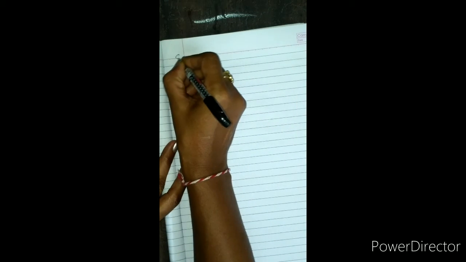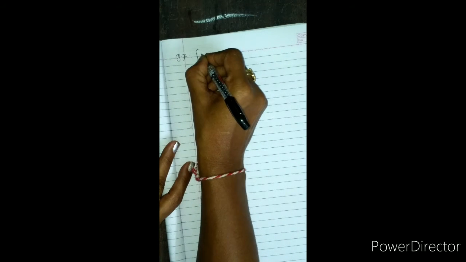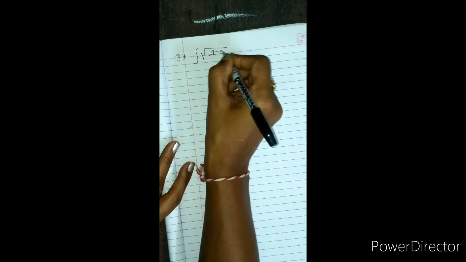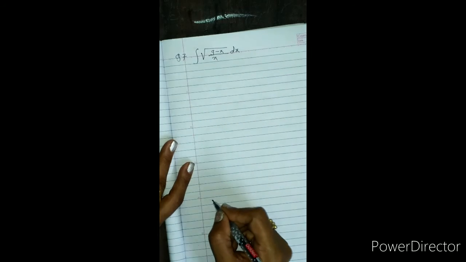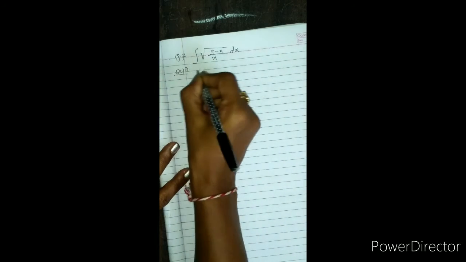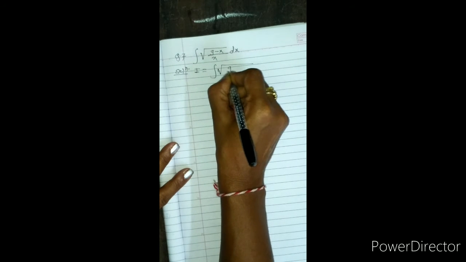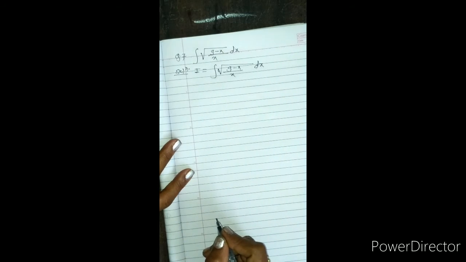Again we solve question number 7 for the evaluation of the integral of under root of 9 minus x upon x with respect to x, and that can be inserted under the root sign. So for this we take the integral I is equal to integral of under root of 9 minus x upon x with respect to x.